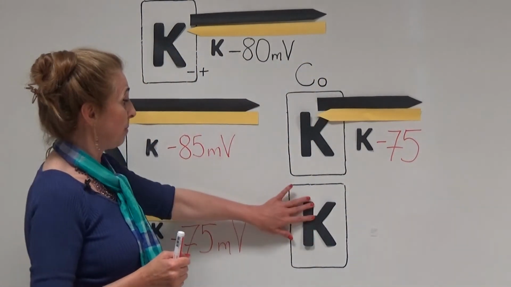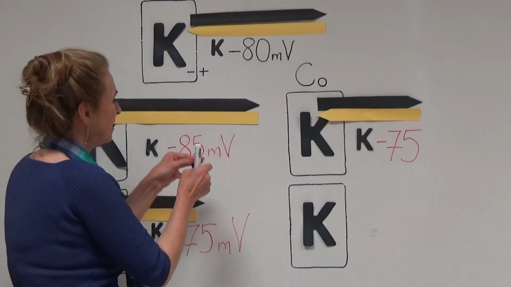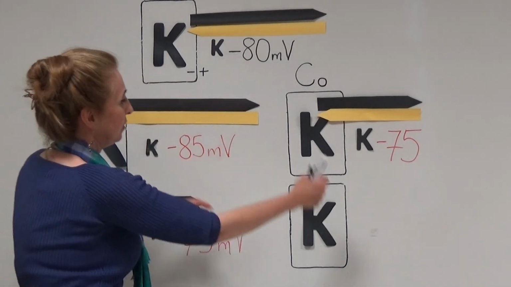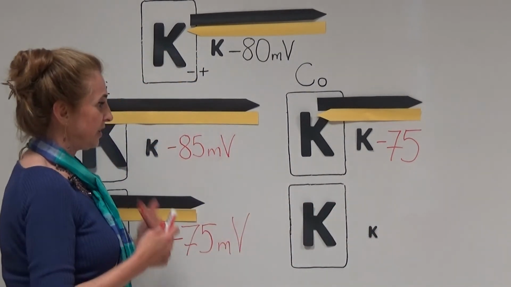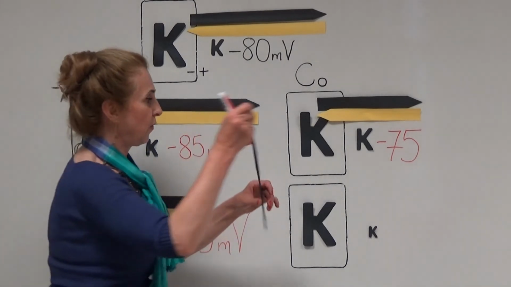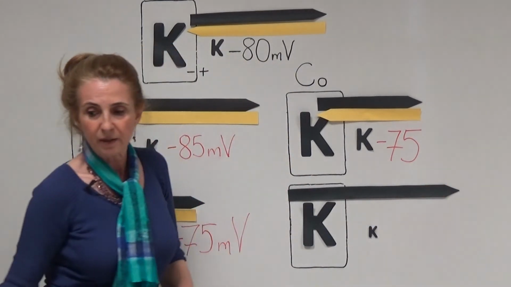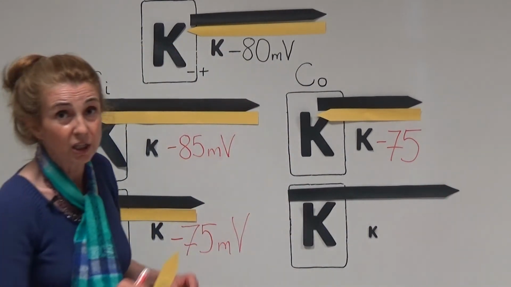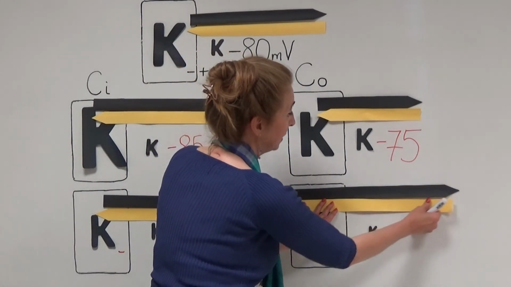The last example is one in which we are going to decrease the extracellular concentration. If the extracellular concentration decreases, the concentration difference, and therefore the chemical force, is going to get bigger. The Nernst potential that is equal in size to this is also going to get bigger.